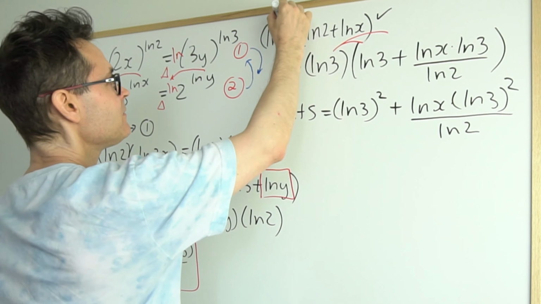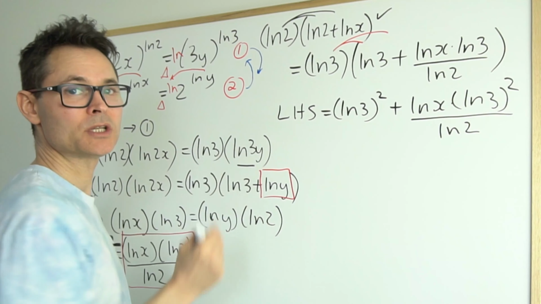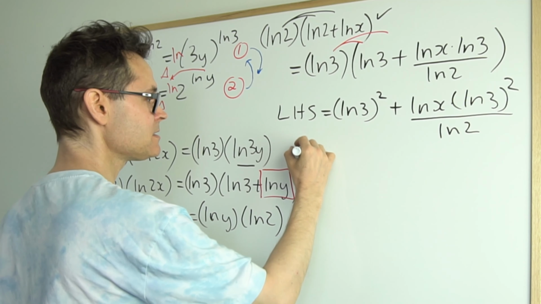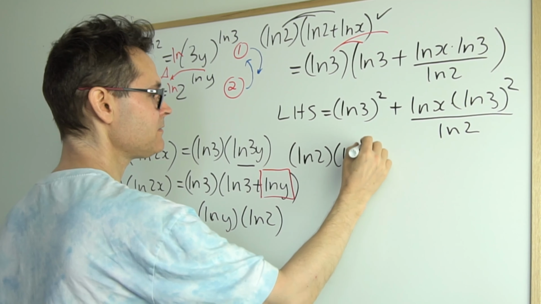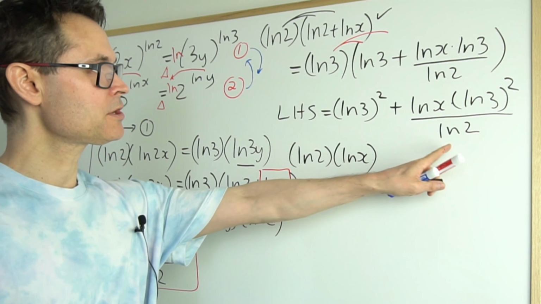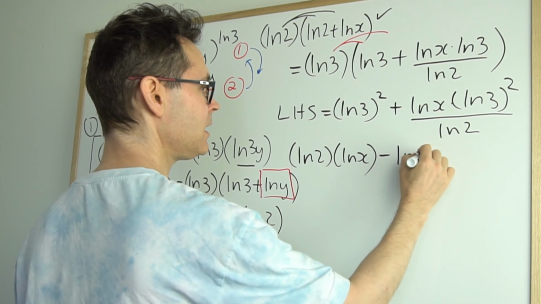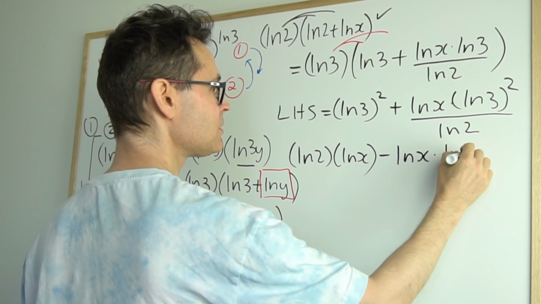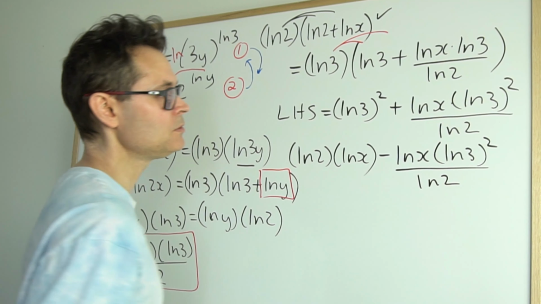So here, if I was to expand that through, I'm going to get a ln 2 times ln x, which is going to sit on the left-hand side. So ln 2 times the ln of x. This term here is going to come over and meet with it. So minus ln x times ln 3 squared over ln 2.